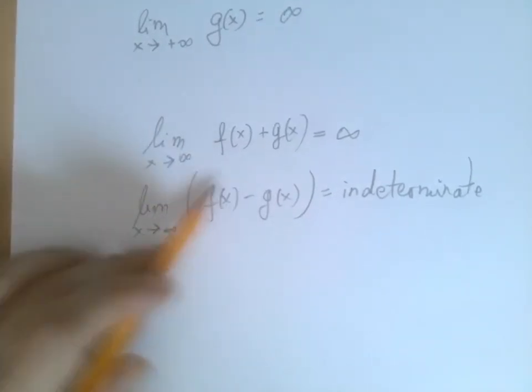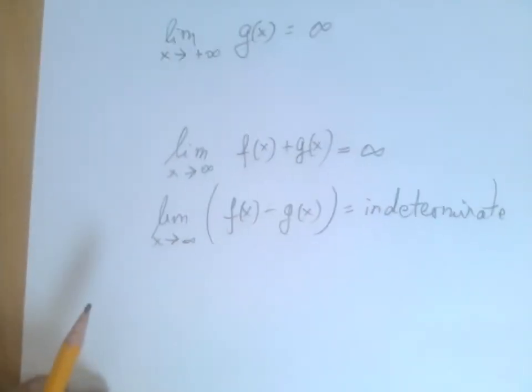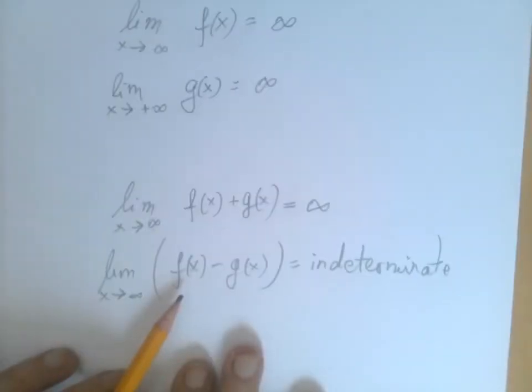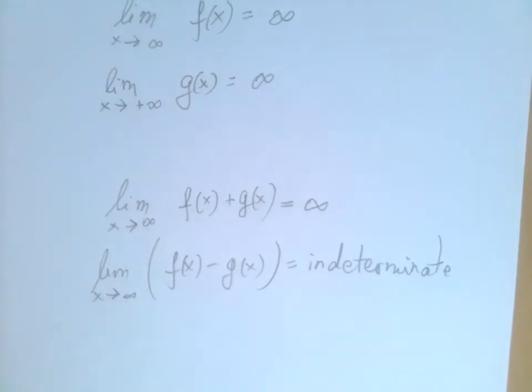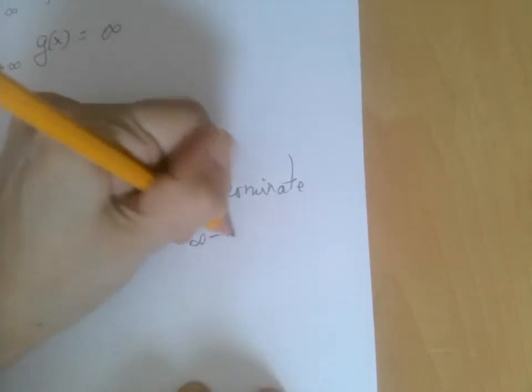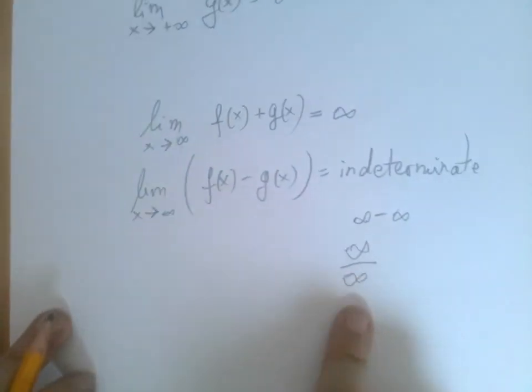We can make f of x much stronger, or g of x much stronger, or the same. So when you see gigantic opposing forces, you're not allowed to use the usual intuition because it breaks down anyway. So indeterminates are infinity minus infinity, or infinity over infinity.